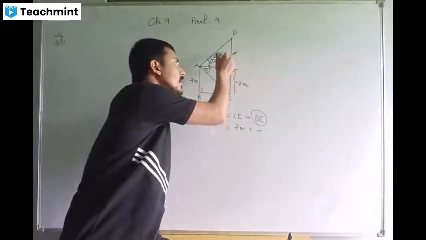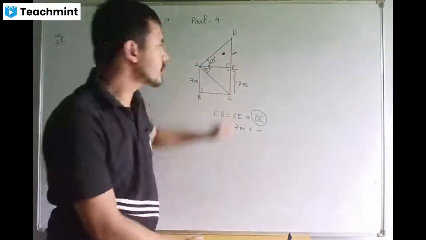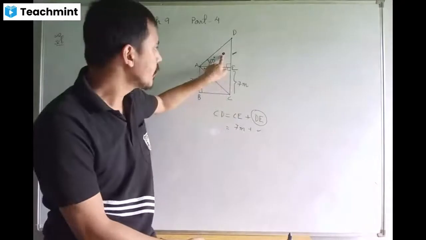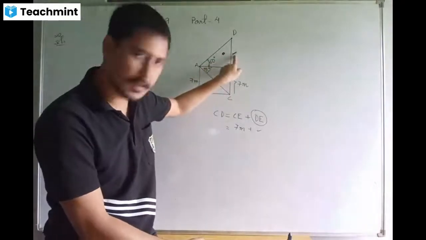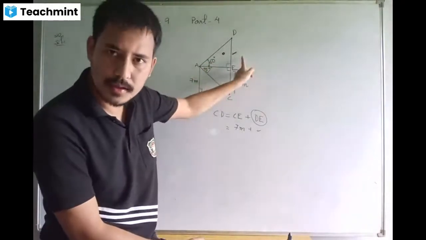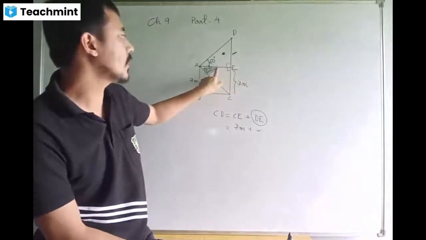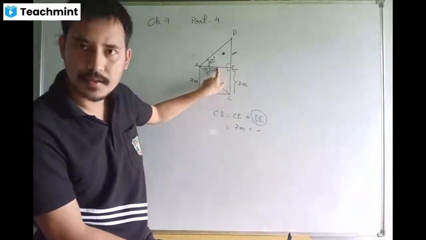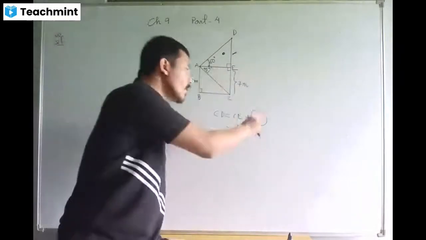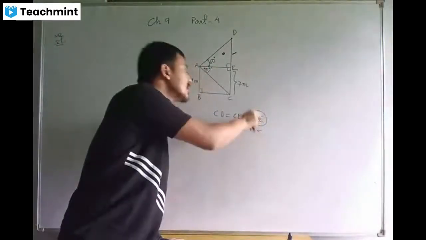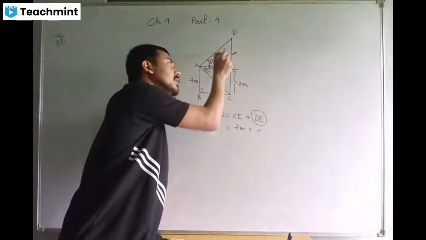So in this right triangle ADE, if you want to obtain DE, then you must know what AE is, right? I want DE. DE is associated with this right triangle.